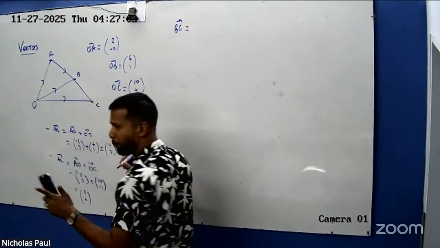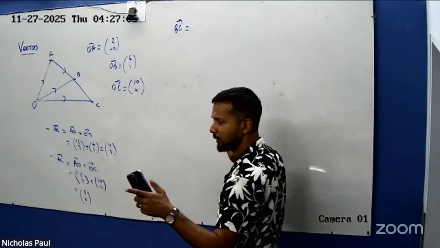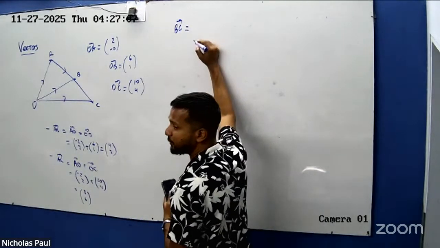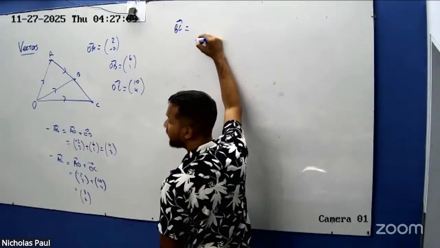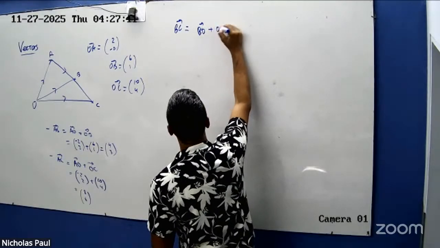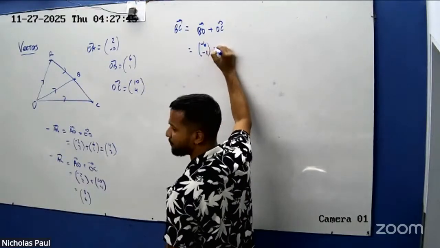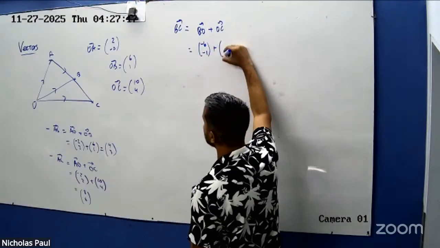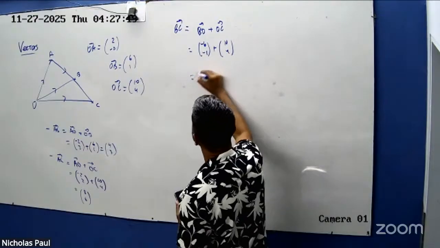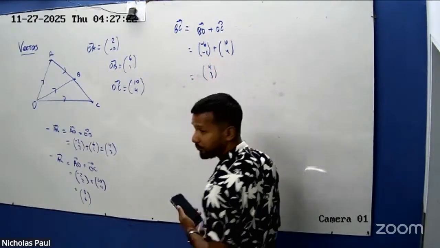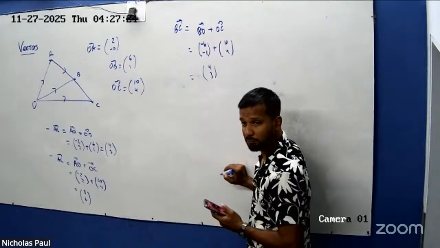What is BC? BC is B to O plus O to C. We know what BO is. That's (-6, 1). And we know that OC is (10, -4). So I got (4, -3). Are you okay with that?